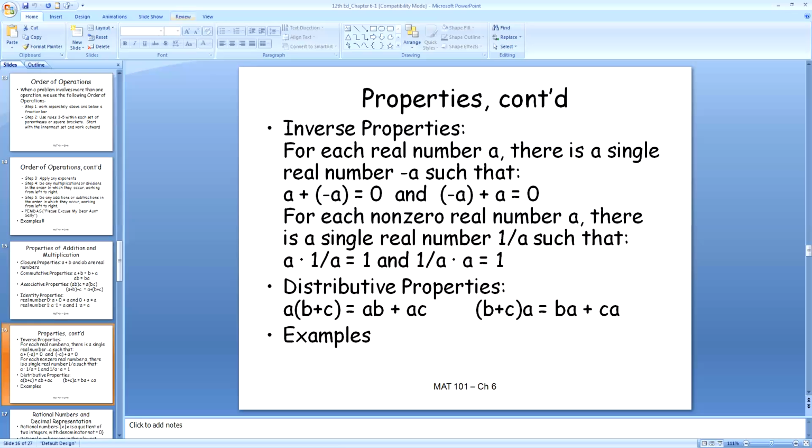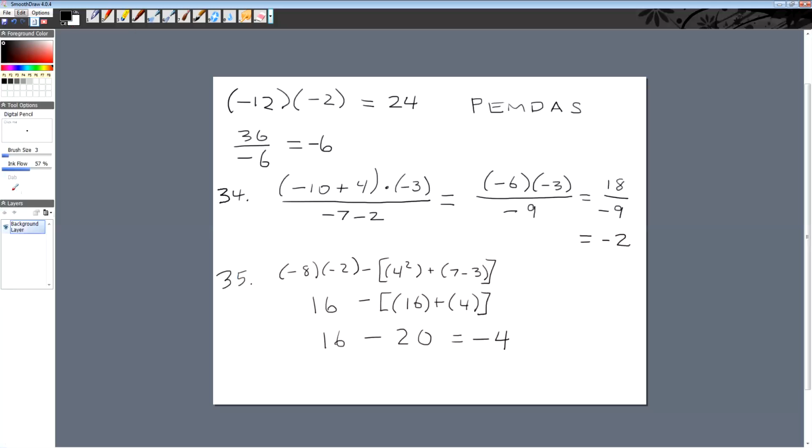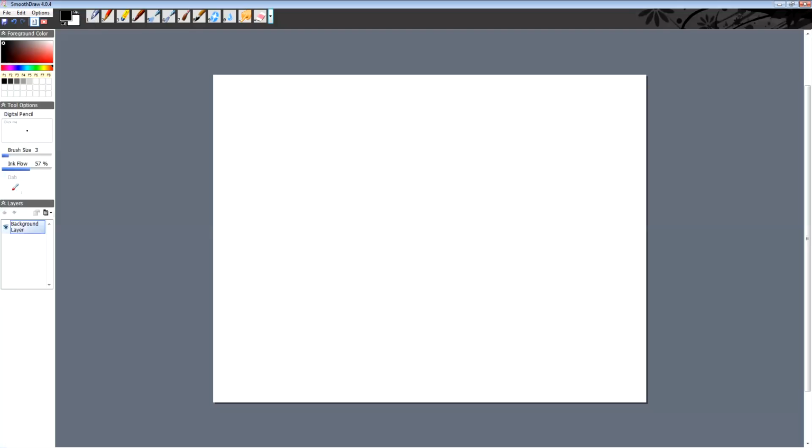An example of this is here. So for instance, if A is a number, and you multiply it by 1 over A, you get 1.